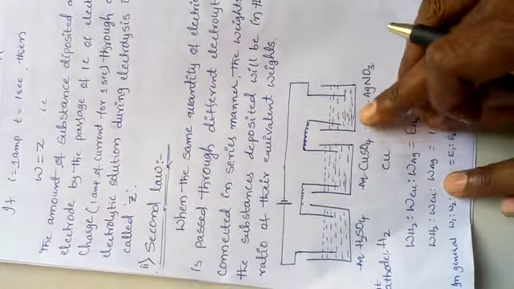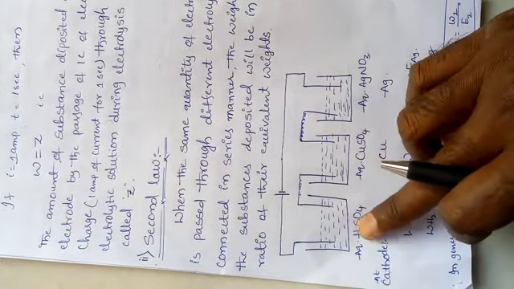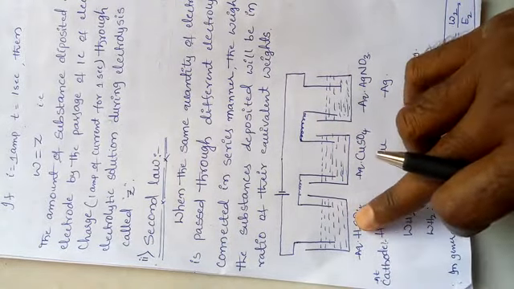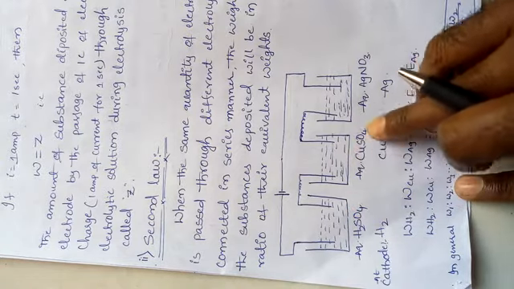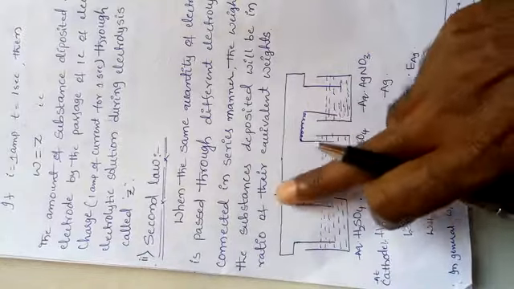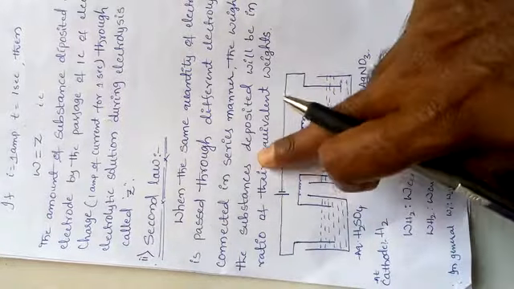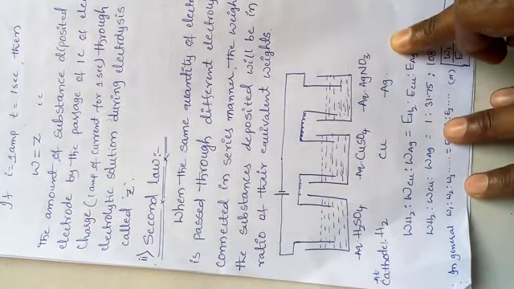Suppose you see three electrolytic cells: the first cell has an aqueous solution of sulfuric acid, the second cell an aqueous solution of copper sulfate, and the third an aqueous solution of silver nitrate. These are connected in series through a battery. At the cathode, which type of reaction takes place?